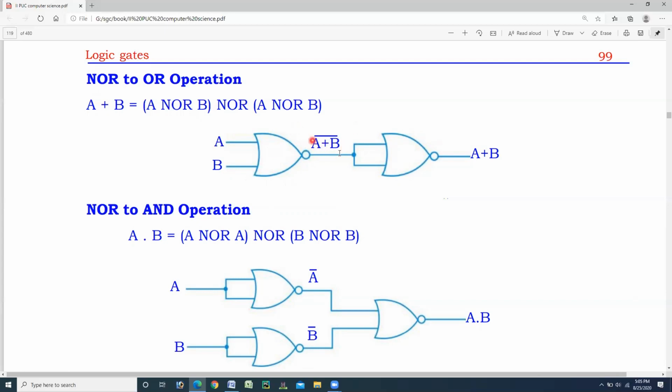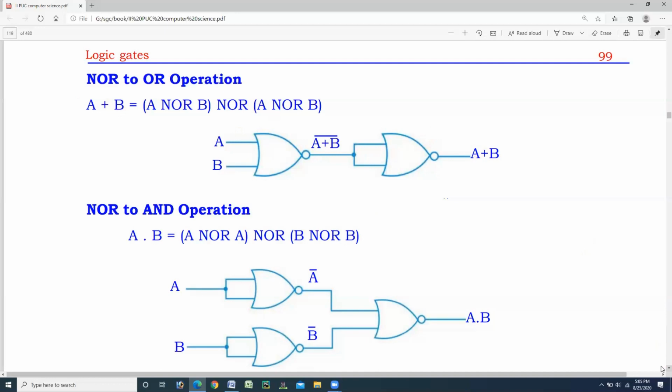If this output is the common input for another NOR gate, then what we'll get is A plus B. It means by using two NOR symbols, we are designing NOR to OR.